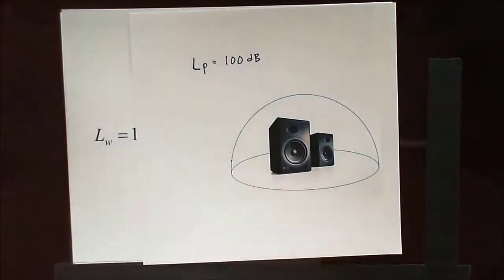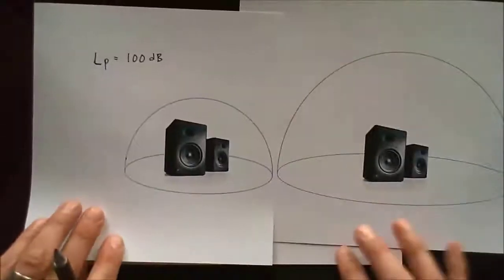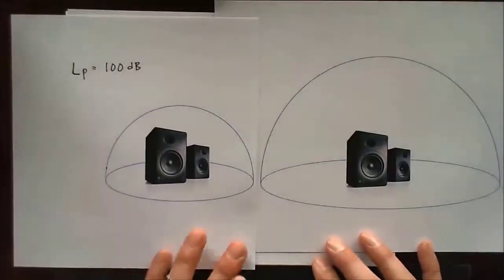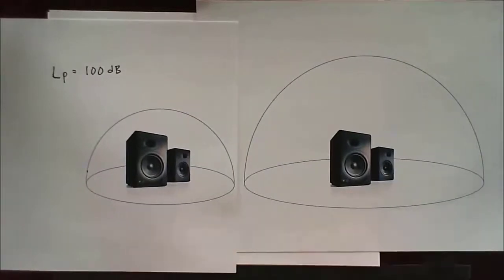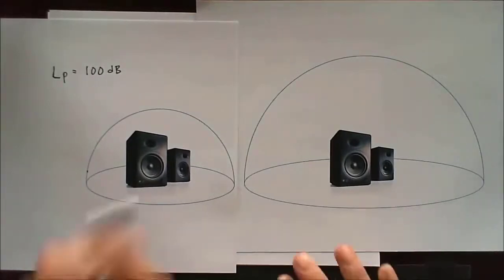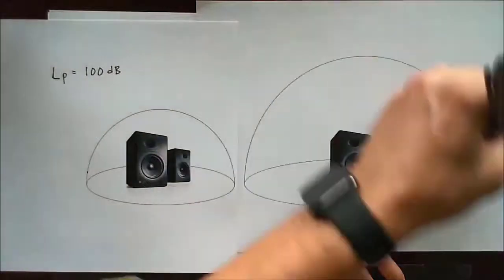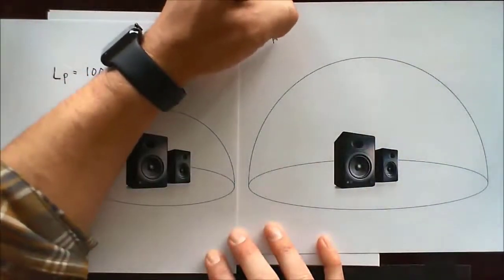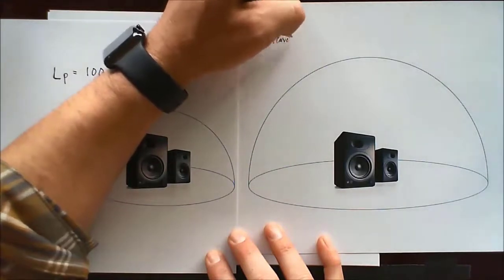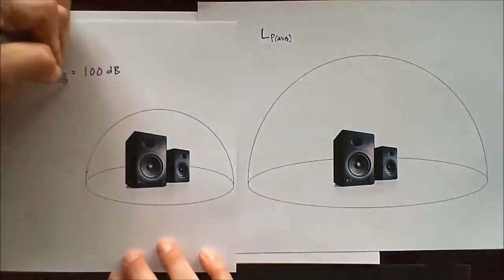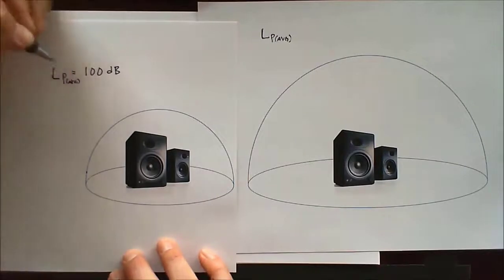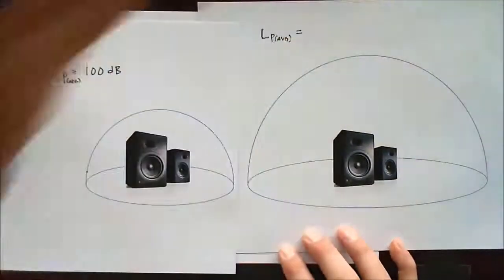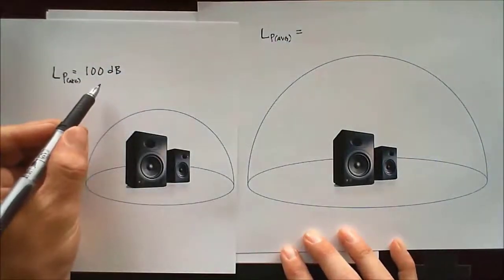Now, I could also measure the same sound source using a much larger hemisphere. In this case, I'm measuring a lot further away from the object, right? So my sound pressure average, and I should really put average down here and over here, is going to be less than our 100 decibels average pressure, right?